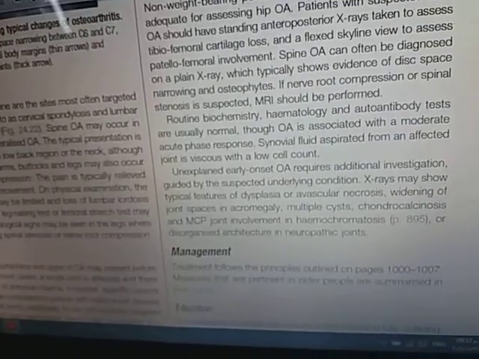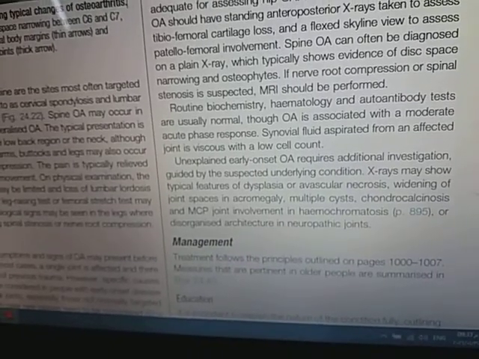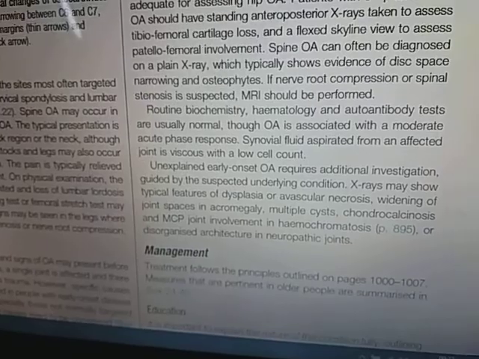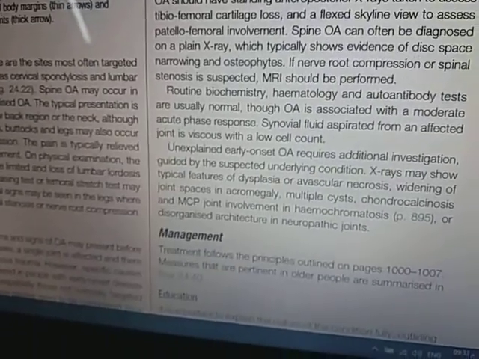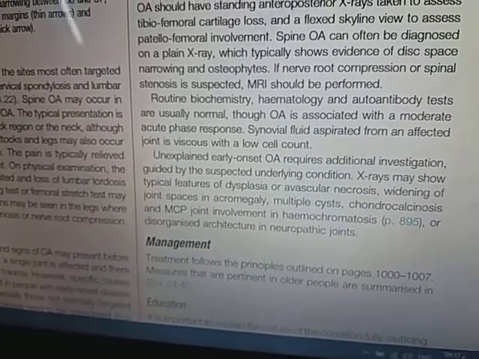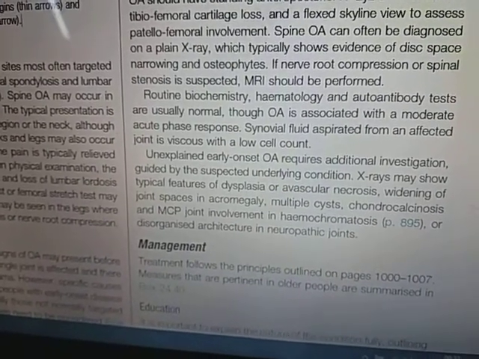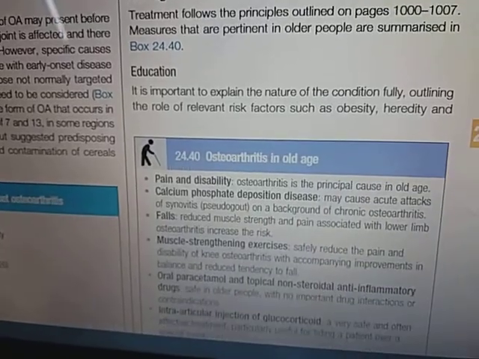Anyhow, management of the osteoarthritis. We have the lifestyle changes.